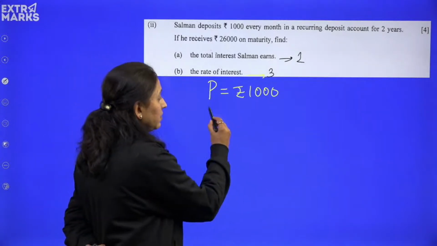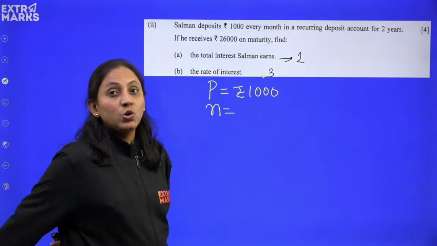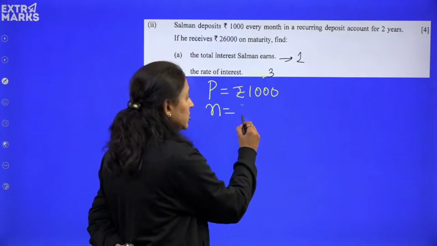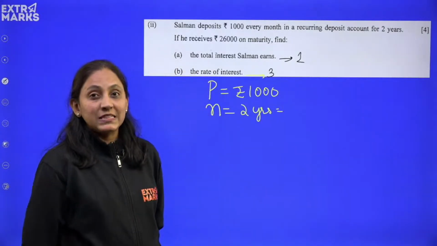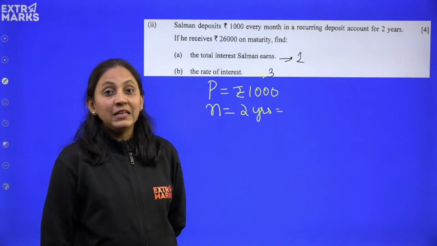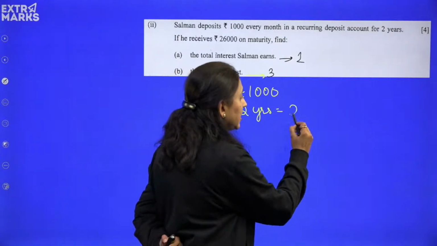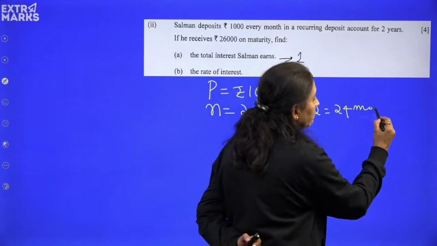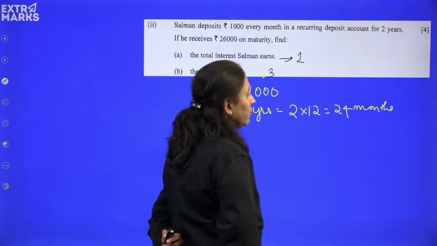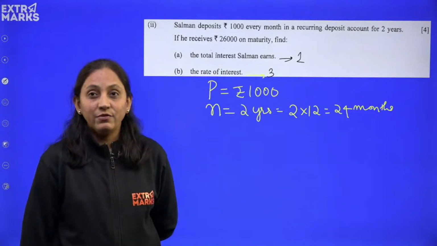The period of deposit is 2 years here, which we call N, and we have to convert it into months. You cannot keep N in years, you have to convert it into months. So this becomes 24 months. So N is equal to 24.